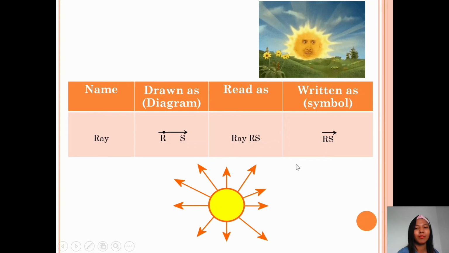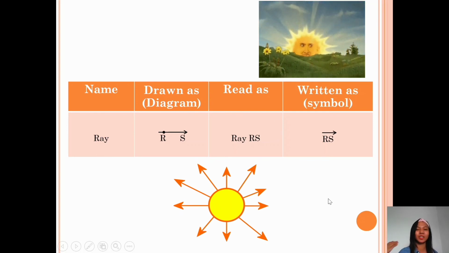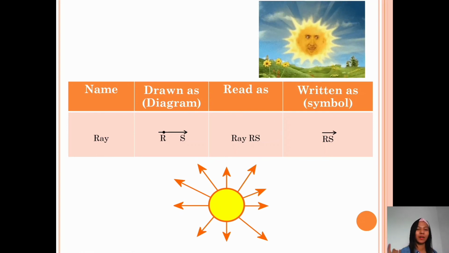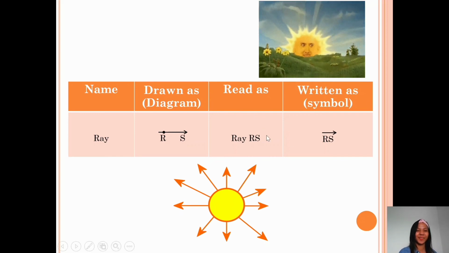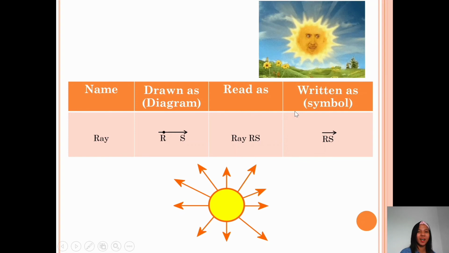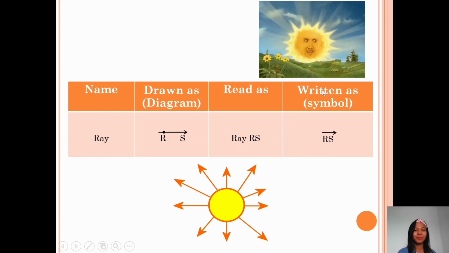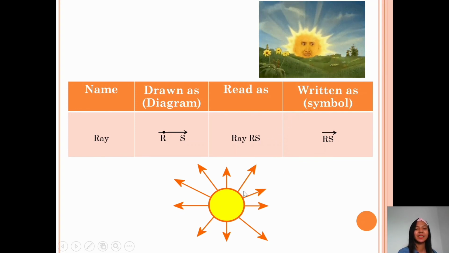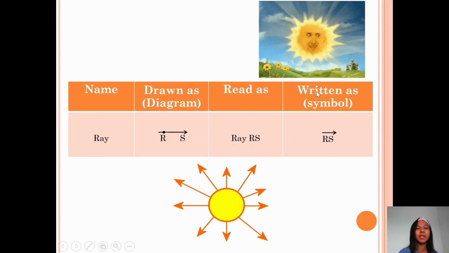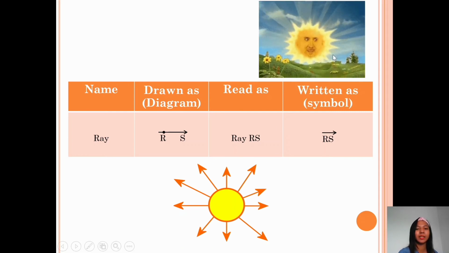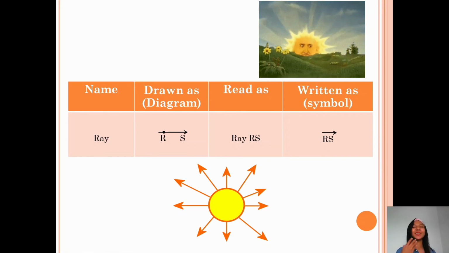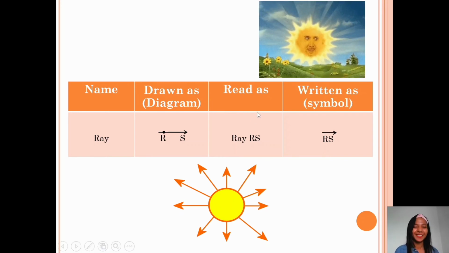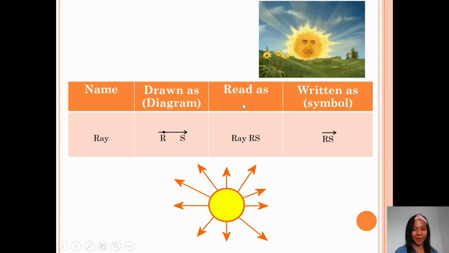That's why we have light here on earth, in our surroundings, because of the rays of the sun. They extend infinitely. Okay, so this is about ray.